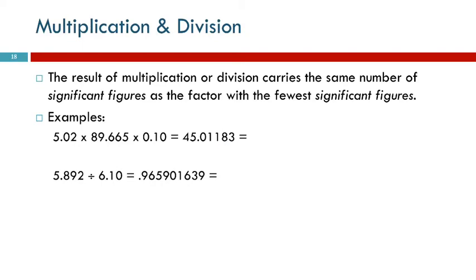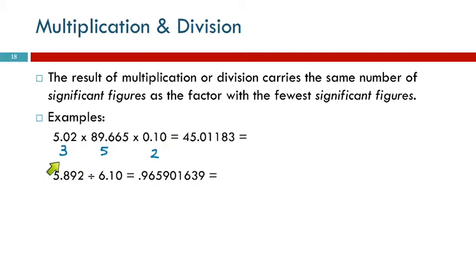So the rules for significant figures say we need to look at each of these numbers and identify how many significant figures are in that number. So 5.02, how many sig figs? 3. 89.665 has 5 sig figs. 0.10, 2. The leading 0 doesn't count, but the trailing 0 does.